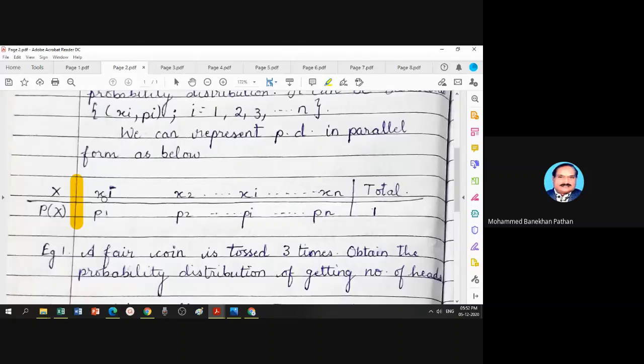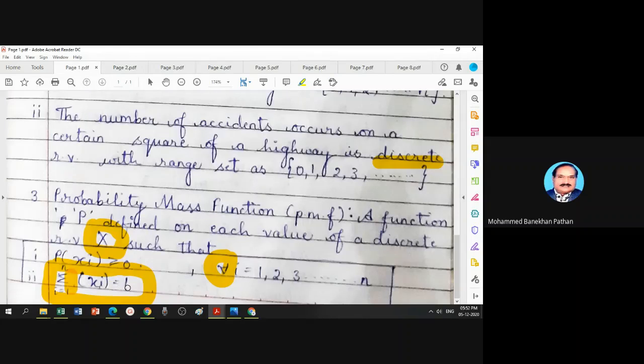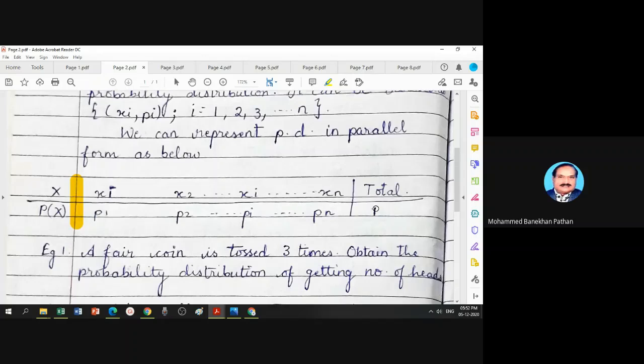X1 has a chance p1. X2 has a chance p2. Xi has a chance pi, and so on. If I make a total of probabilities as per the definition of PMF, the total of probabilities should be 1, and that is the reason I write total as 1. So this is nothing but the probability distribution of random variable x.